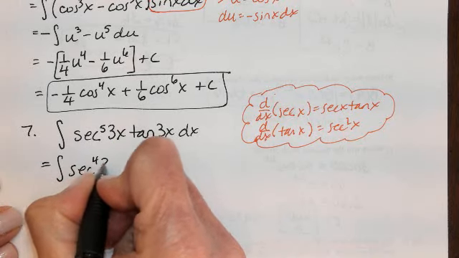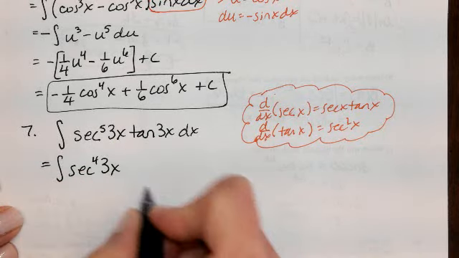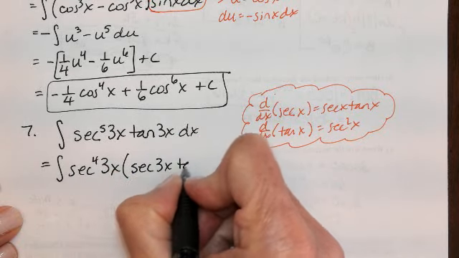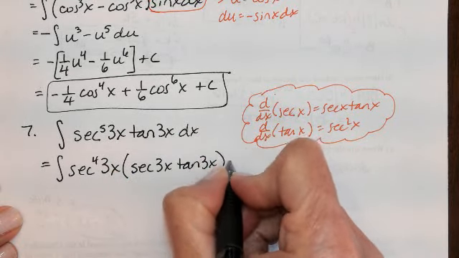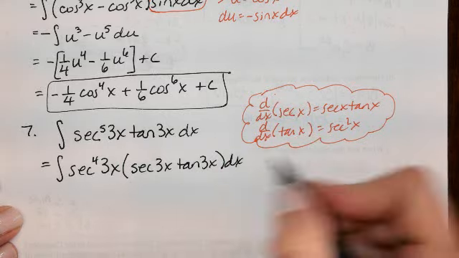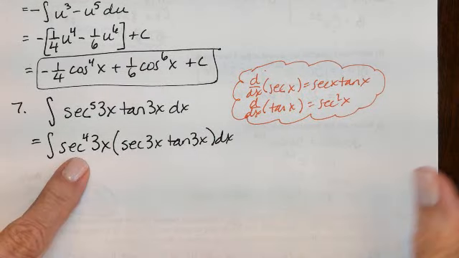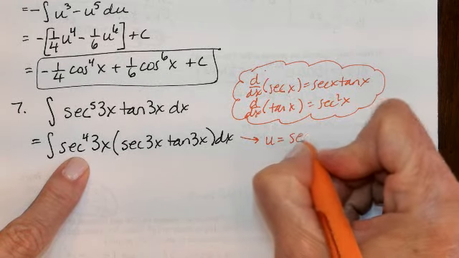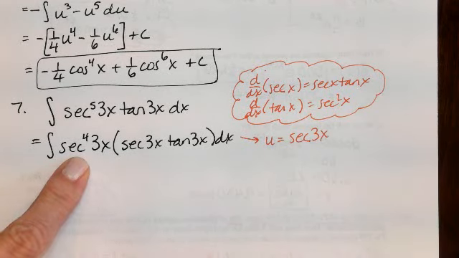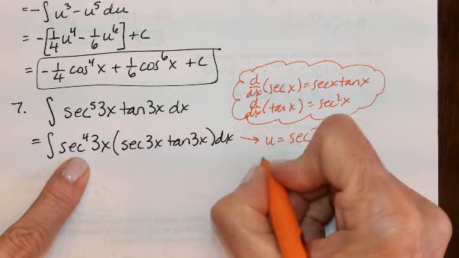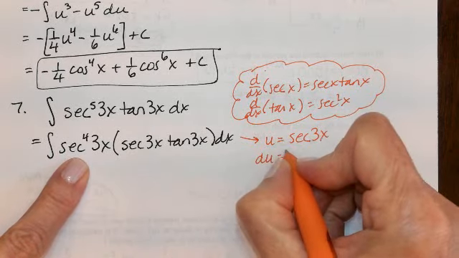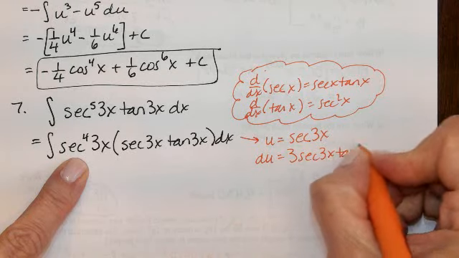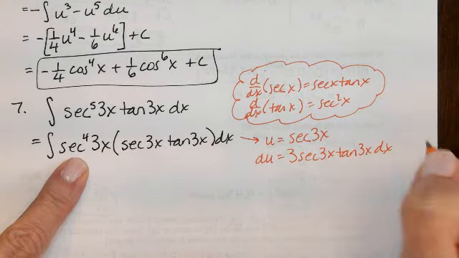I'm going to break this up into secant to the 4th, and then I'll have a secant 3x tangent 3x to use for my du if I let u be secant of 3x. So u is secant of 3x. du then is 3 secant 3x tangent 3x dx.